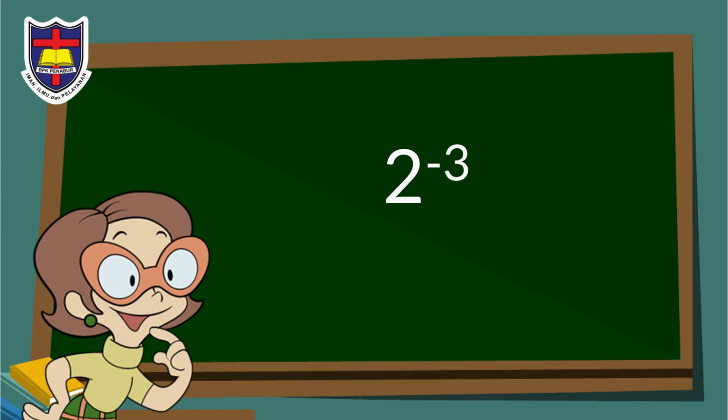We can flip it. What does it mean we can flip it? So we change the position of the number. So if the position of the number is changed, the sign will also be changed.